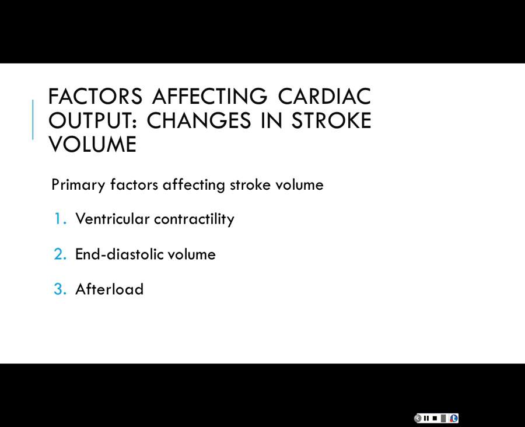Another thing that influences the stroke volume is simply how much blood enters. That end diastolic volume is going to have a very big influence on the stroke volume.